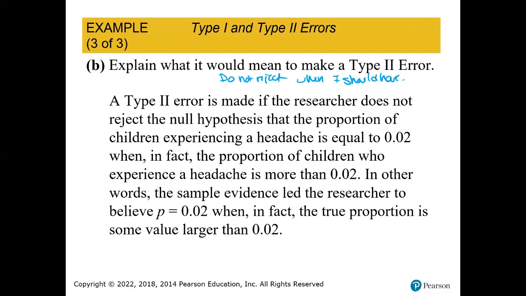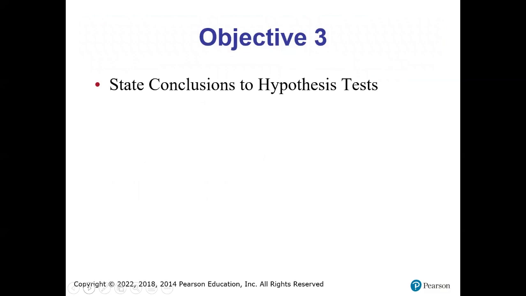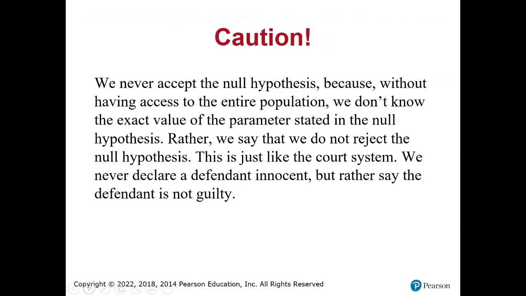An error is when you make the wrong conclusion. How do we make conclusions in these hypothesis tests? Well, first off, we have to make sure we never say, we accept the null. We cannot say that. The wording of this process is extremely important.